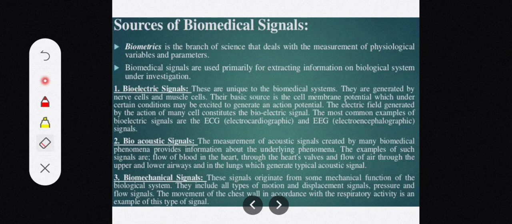In very short, it is an electrical signal generated by a biological system. Any biological system which is generating an electrical signal, the measurement of such signals will give you bioelectric signals. Examples are electrocardiographs, electroencephalographs, etc.